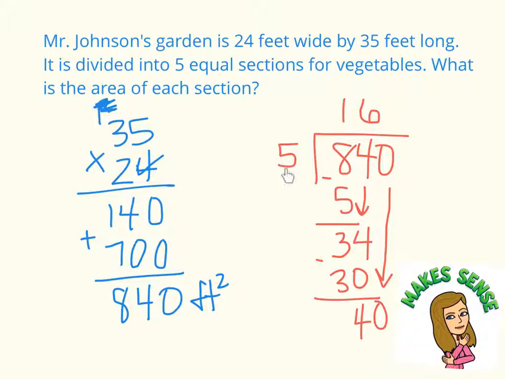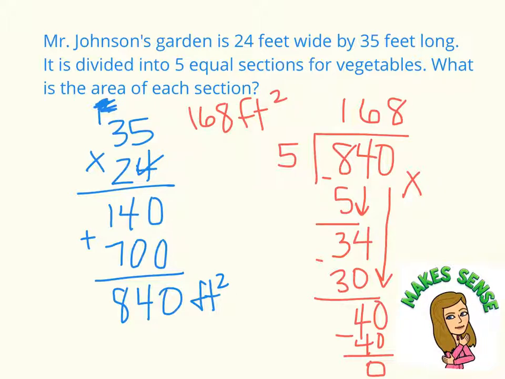How many times does 5 go into 40? Works out perfectly. 8 times. 5 times 8 is 40. When I subtract, I end up with 0. No numbers to bring down, so there's no remainder. So each section of this garden would be 168 feet squared.